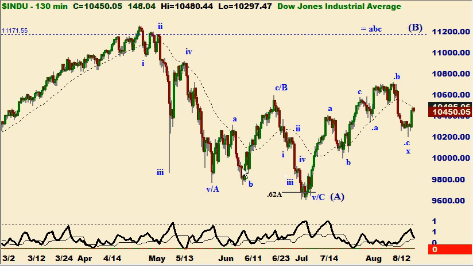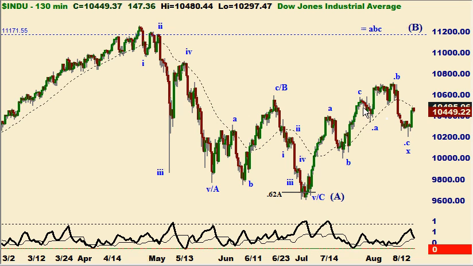If you do count it as such, you can count 5 waves down into the May low, ABC back up, and then 5 waves down into the July low, and that way this entire pattern counts as a 3 wave structure in ABC, which I believe best counts as A.